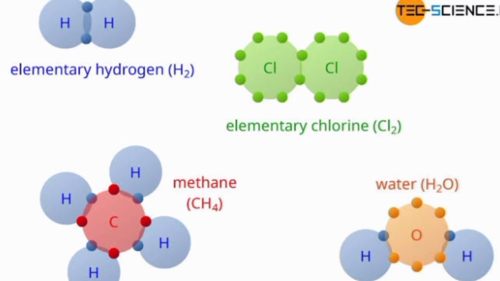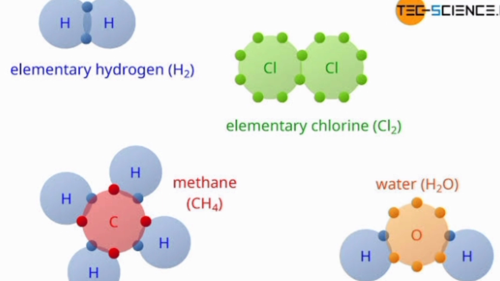Now you have to distinguish the structures given in the picture, whether they are a molecule or a compound. The first one is a combination of two hydrogen atoms. Is it a molecule or a compound? Yes, it's a molecule. Similarly, there are two chlorine atoms.